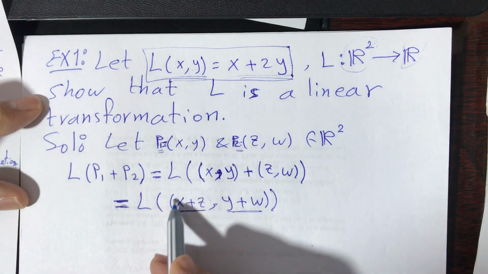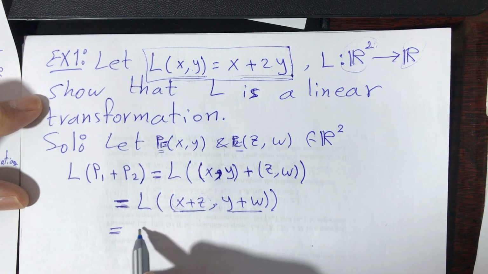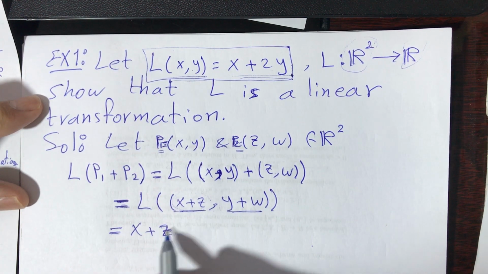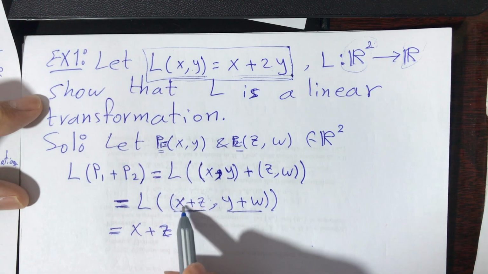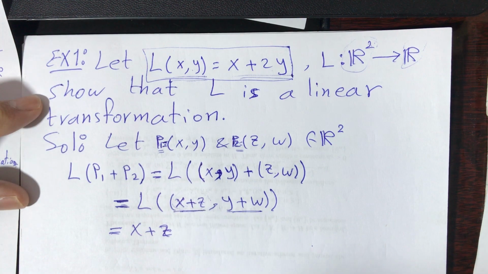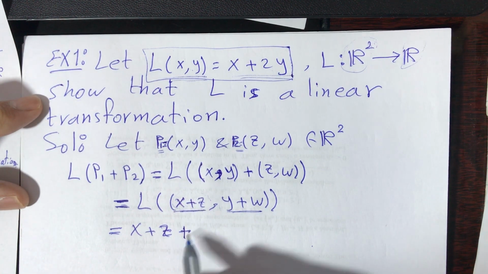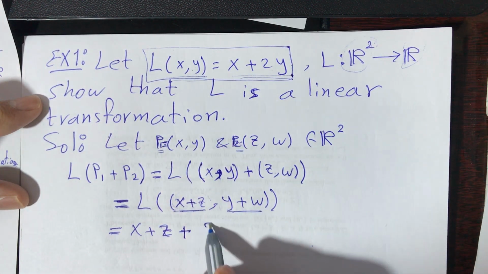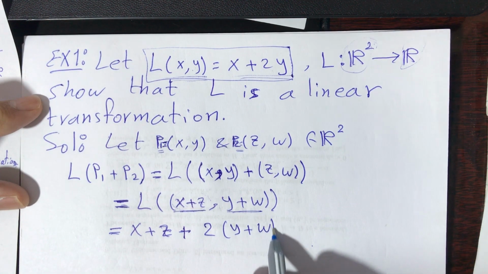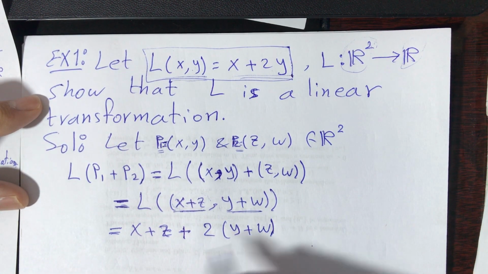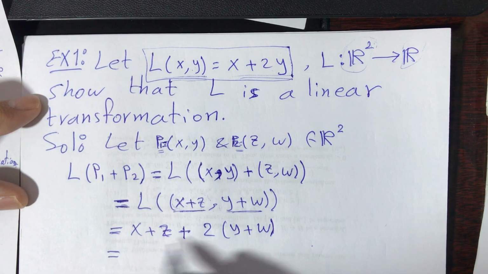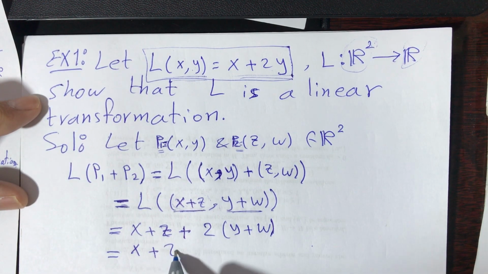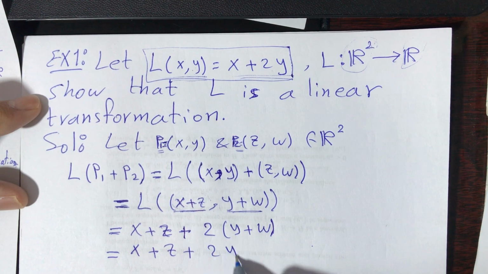That means I take the first argument, x plus z here, because this is x, and plus 2 multiplied by the second argument, y plus w. So we get x plus z plus 2y plus 2w.